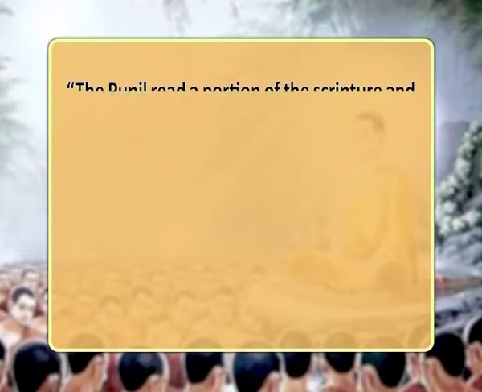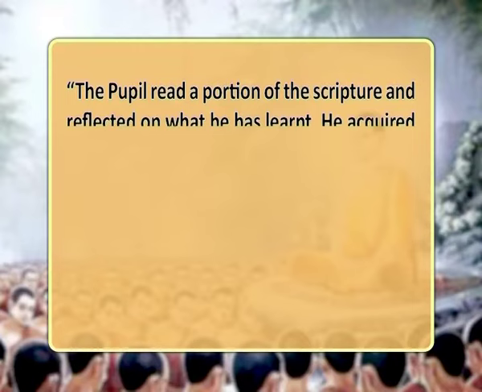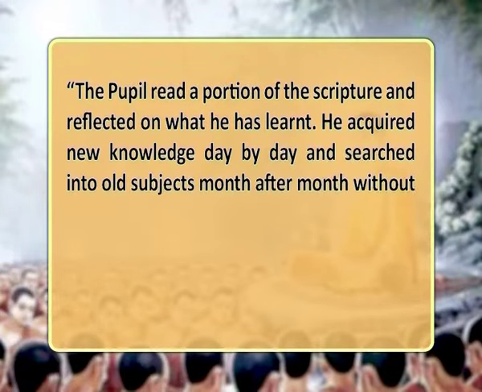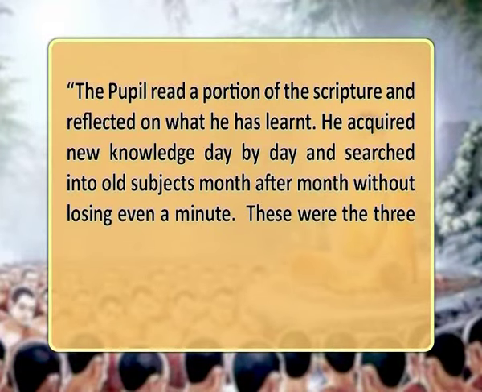I-Tsing says, I quote him, "The pupil read a portion of the scripture and reflected on what he had learned. He acquired new knowledge day by day and searched into old subjects month after month without losing even a minute."